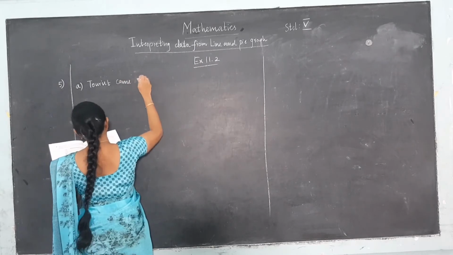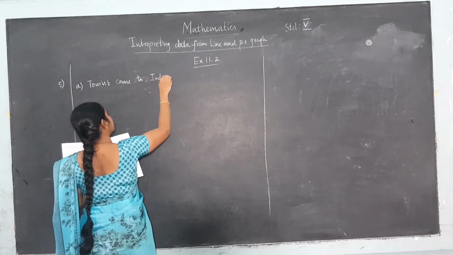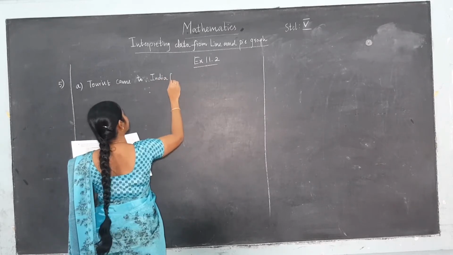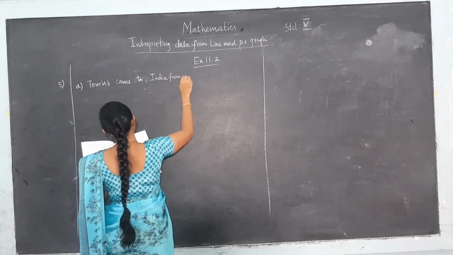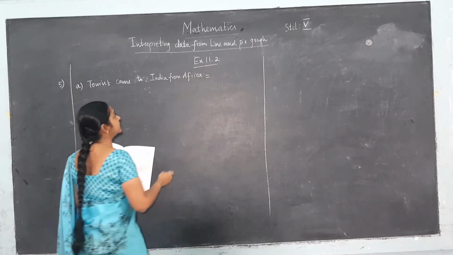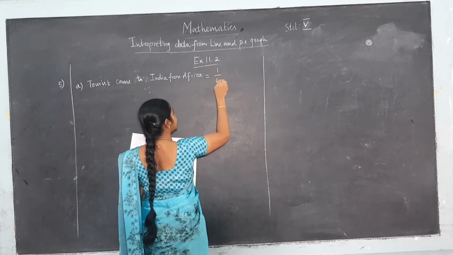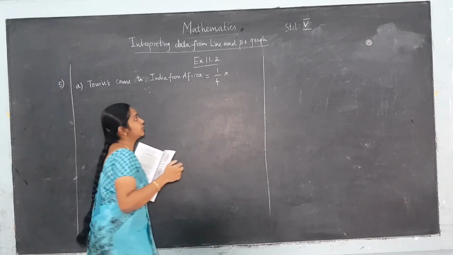Tourists came to India from Africa. It is 1/4. By looking into the picture, we can say it is 1/4.